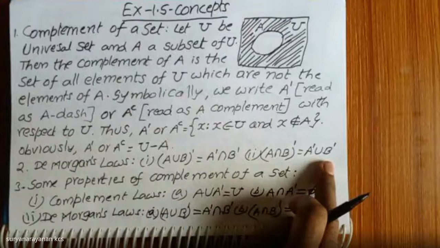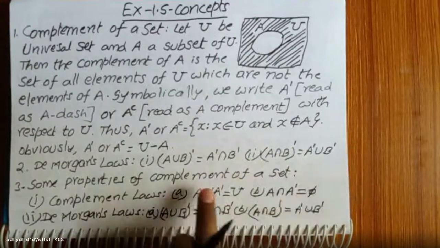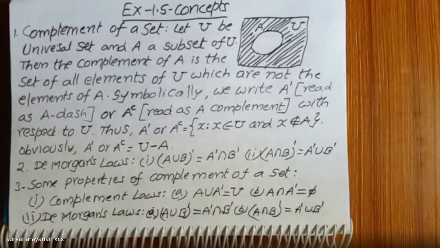Okay, my dear Percy. My dear Ria, you have network issue. A union B the whole dash is equal to A dash intersection B dash. A intersection B the whole dash is equal to A dash union B dash. Very good. A union B whole dash equal to A dash intersection B dash.